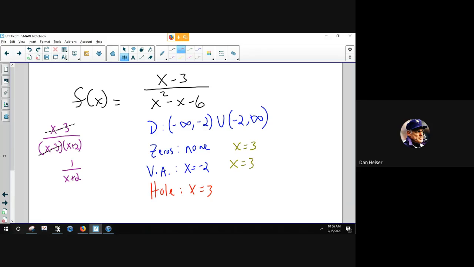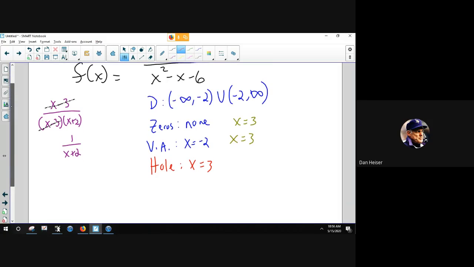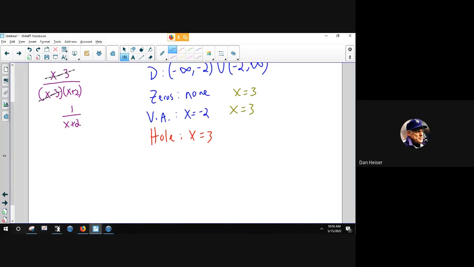The graph of this function, it's rational, 1 over x plus 2. We know that 1 over x kind of comes down like this, and then it goes like this. Oh, we also have one more: a horizontal asymptote.